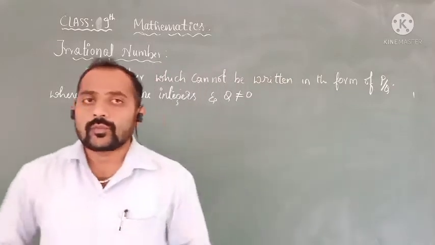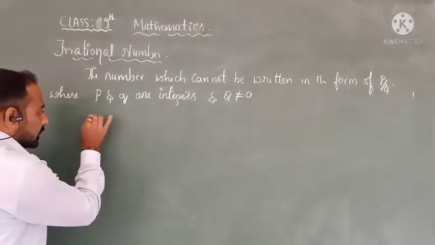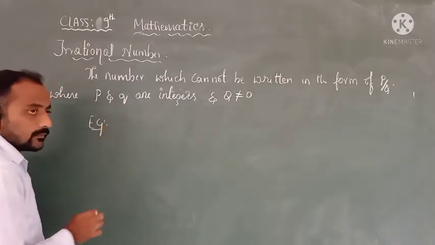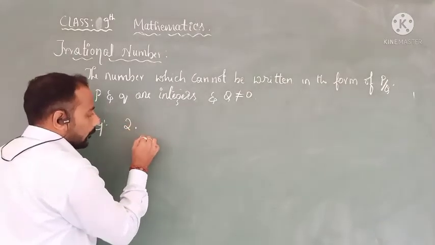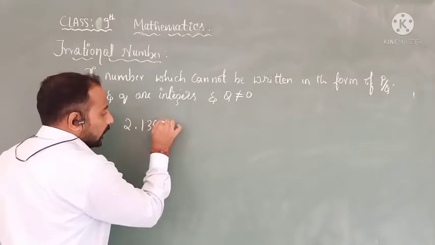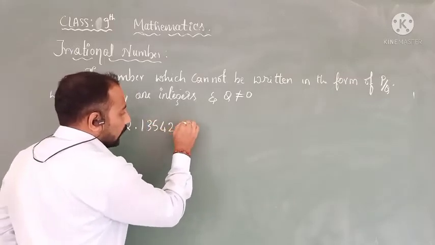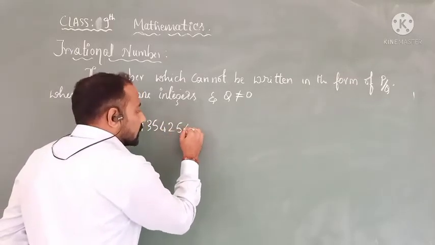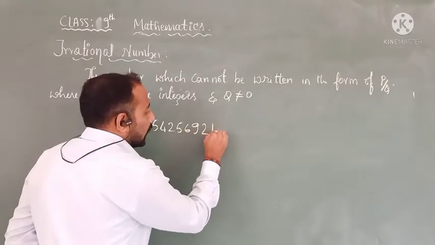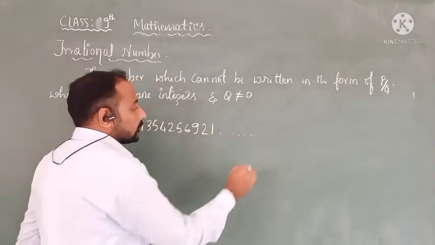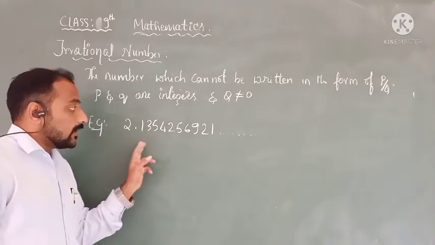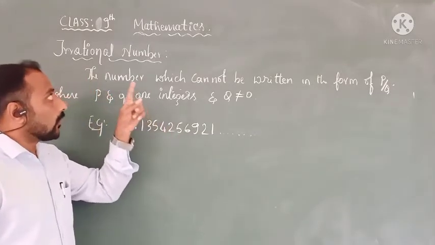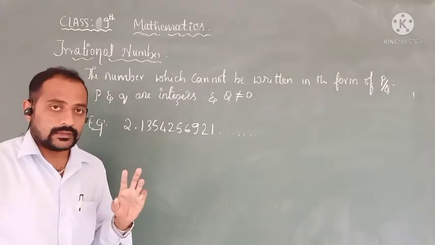So then what is that number actually? Let us take an example. For example, 2.1354256921 and it goes on. Now observe carefully, this is one example of an irrational number.